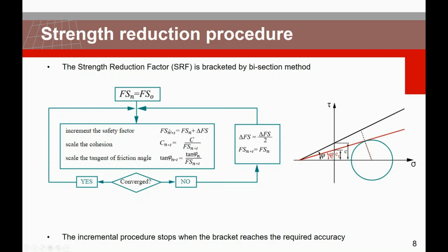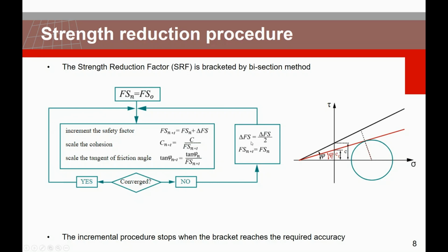Using this new incremented safety factor, we scale down the cohesion and the friction angle. Then with these reduced parameters, we perform a nonlinear analysis and check if we get convergence or not. If we get convergence, then we increment the safety factor again with delta Fs.